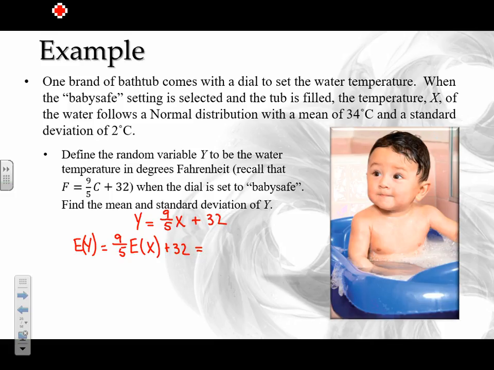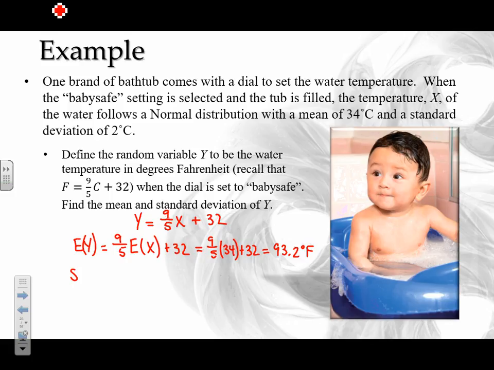So if I take 9/5 times 34, and then add 32. Someone do that for me real quick. We get 93.2. So the mean temperature using the baby safe option is 93.2 degrees Fahrenheit.